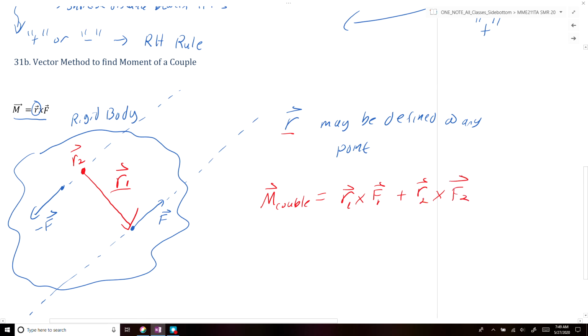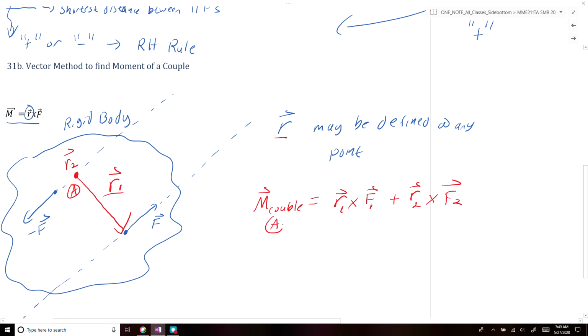Now, if we determine the moment about this point, let me call it point A, r2 is going to be equal to 0. So this cancels out this whole other term, and we're left with just one cross product calculation. So typically your moment arm will start on the line of action of one of your forces and go to the line of action of the other force, because it makes your calculations a lot simpler.